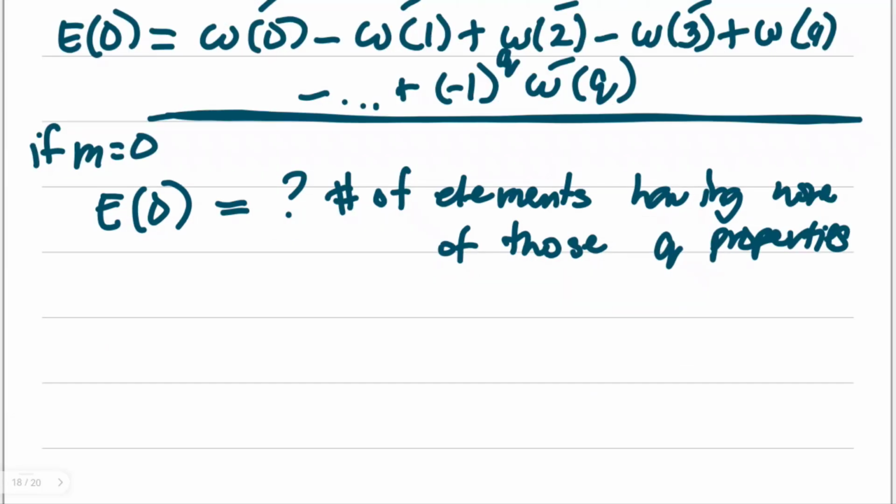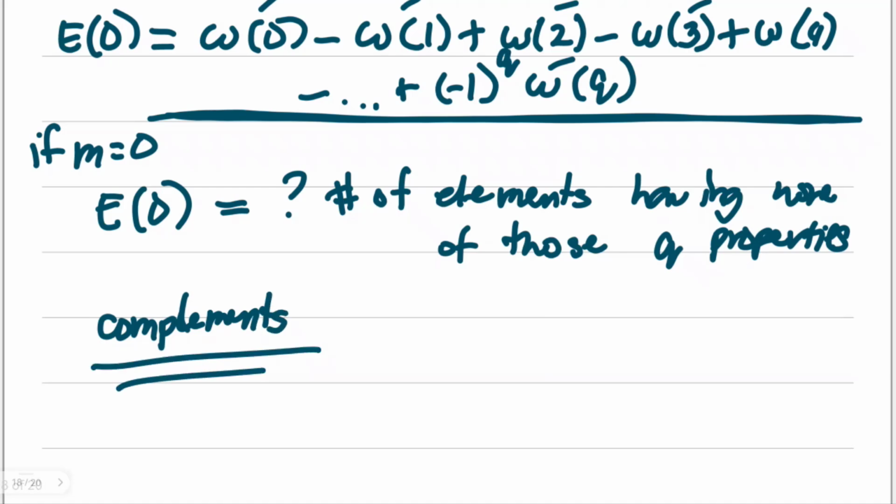Actually, this is used because there are some problems that cannot be taken straightforwardly, so we're going to use the concept of complements. For example, in the next video we're going to talk about the number of integer solutions for a certain algebraic expression.